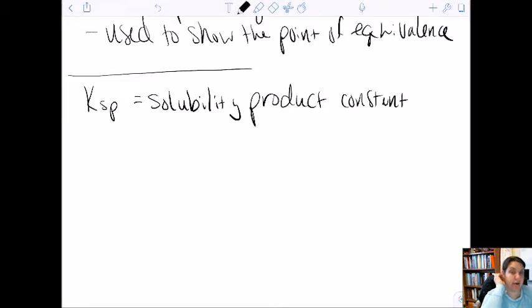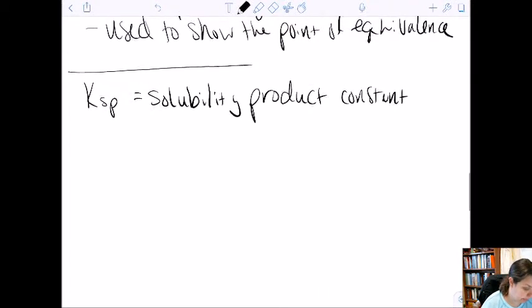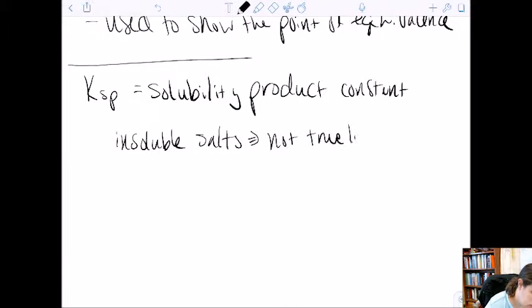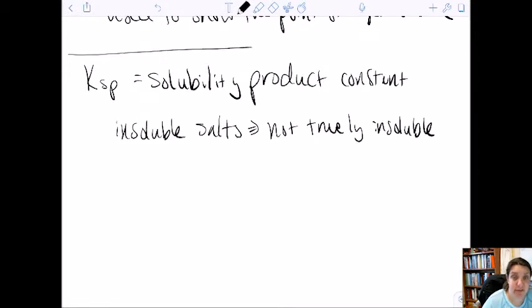So we've talked about in 1211 the fact that we have insoluble salts based on our solubility rules. However, they are not truly insoluble. There will be some amount that will dissolve, and our KSP will basically tell us how much.